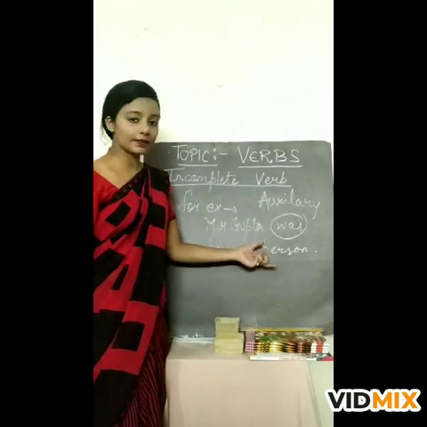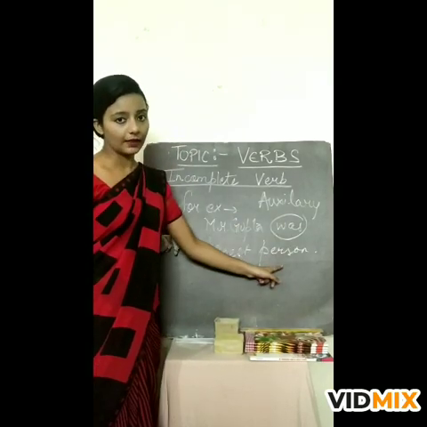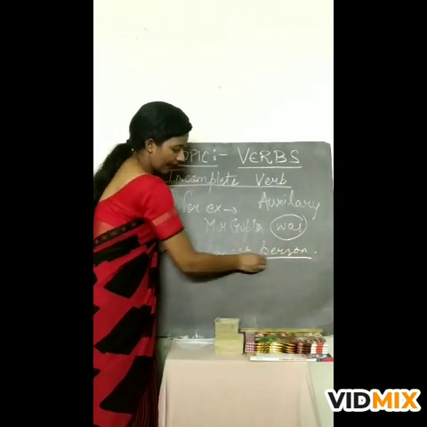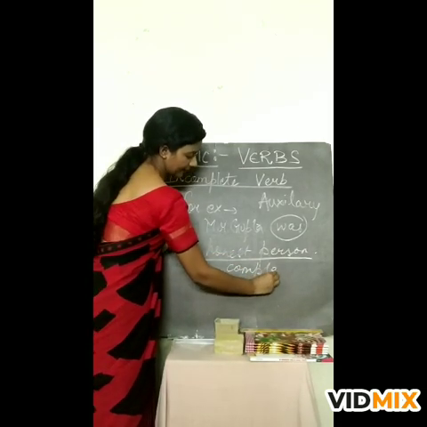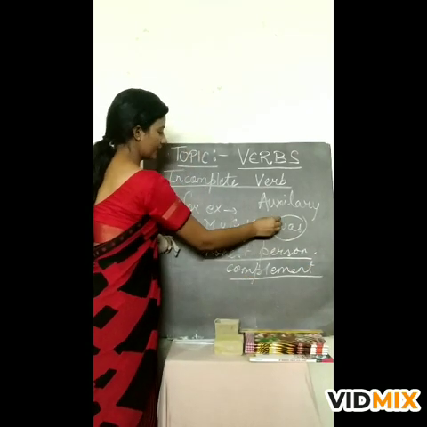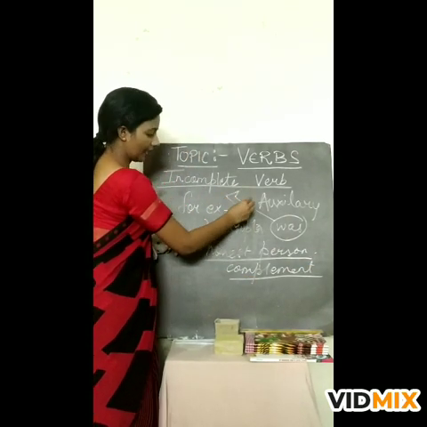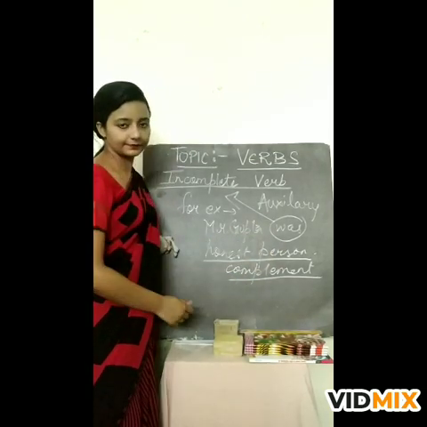The words which are added after this auxiliary verb are said to be the complement. So students, was is the incomplete verb and honest person will be the complement.